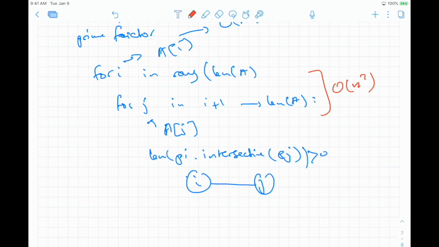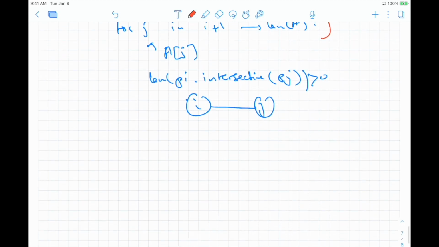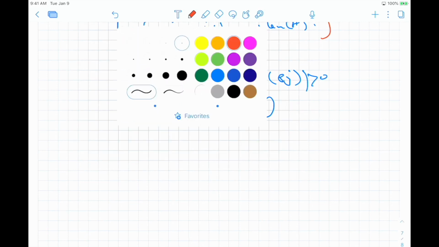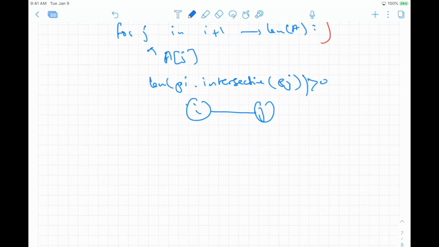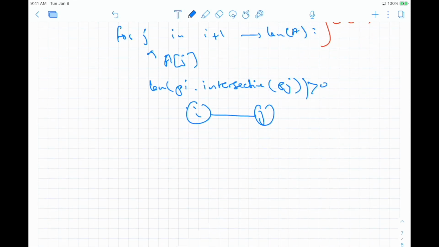Well, we have to think about what if we connect the prime factors themselves of a number? What do we mean by that? So let's say, for example, I have 6 and the factors are 2 and 3. So let me just connect 2 and 3.